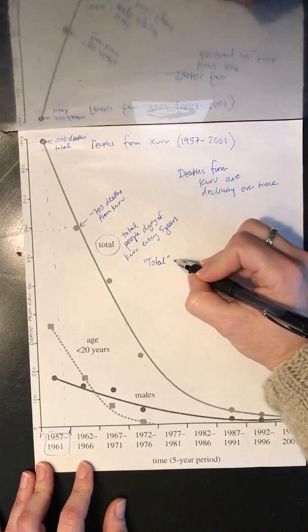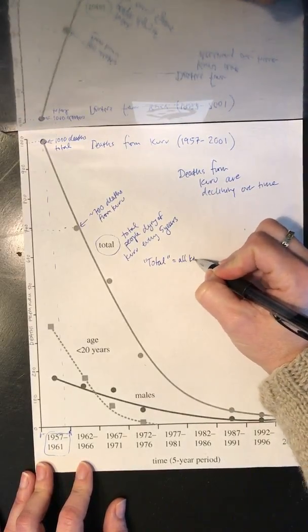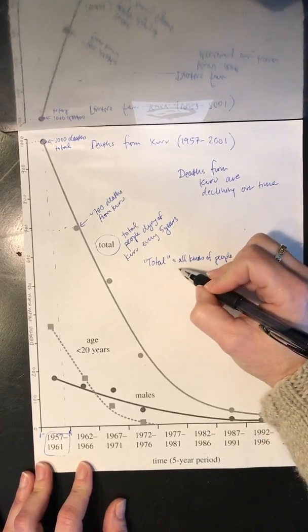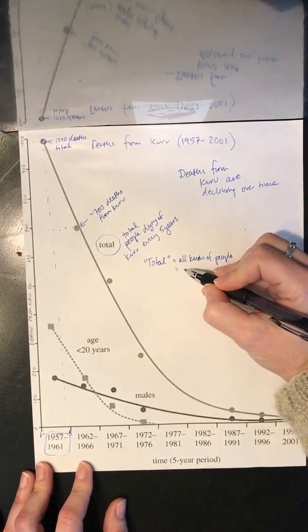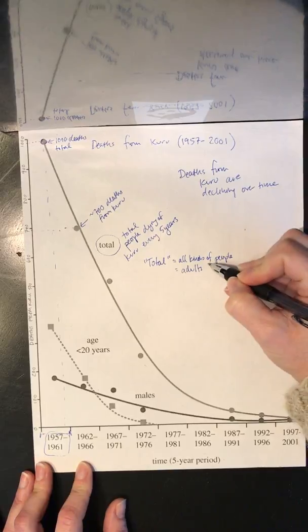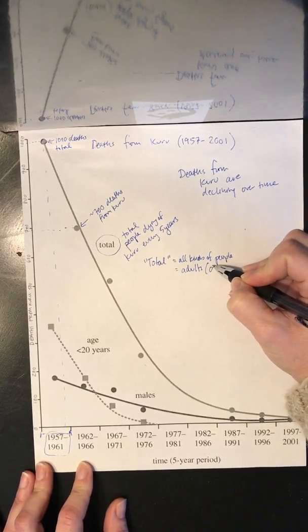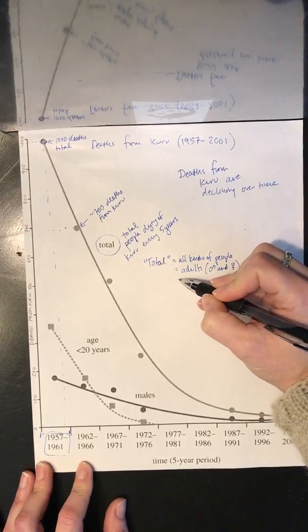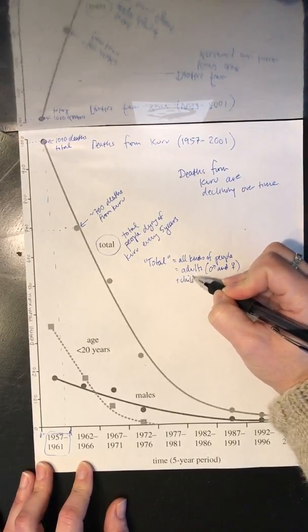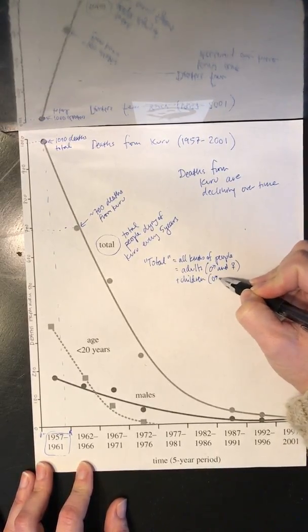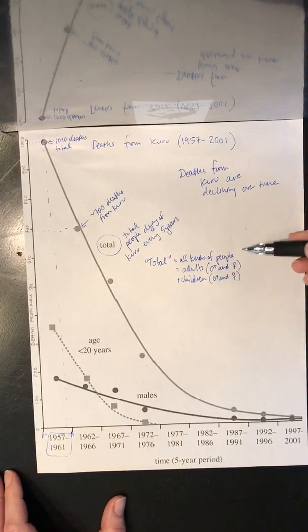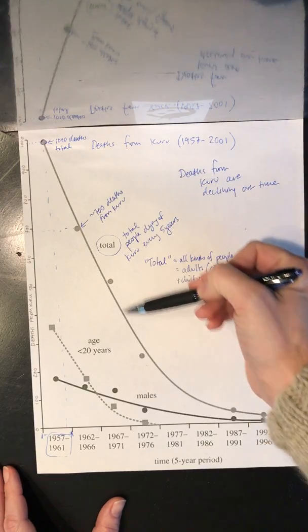So total equals all kinds of people. In this case, total means adults, male and female, is my little notation there, plus children. And those are male and female. So if there is a human being that died of Kuru, it's going to be on this line.